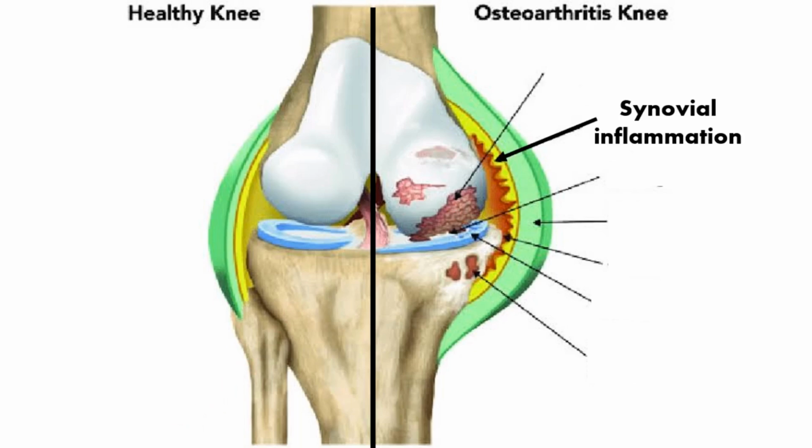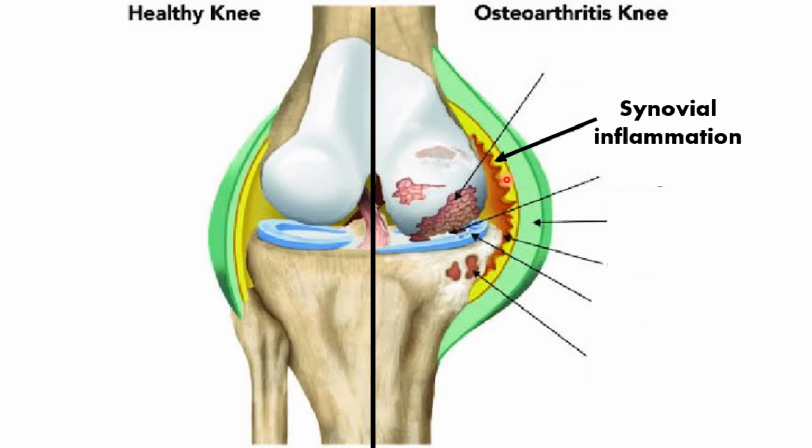Not only that, arthritis also attacks the synovial membrane. The synovial membrane becomes thickened, and one other thing that happens is that the production of the synovial fluid, in some patients, increases due to the inflammation of the synovial membrane.